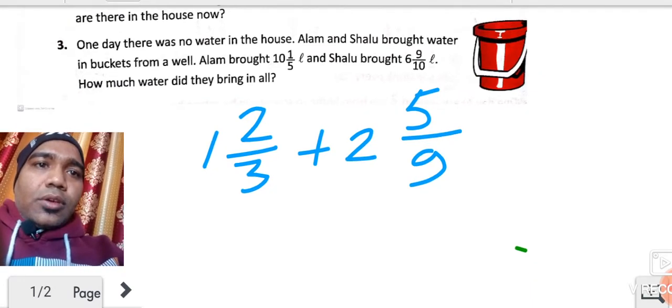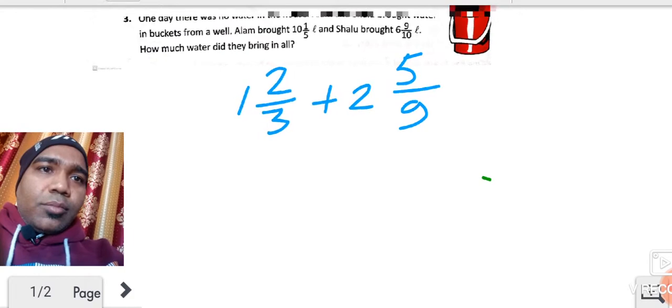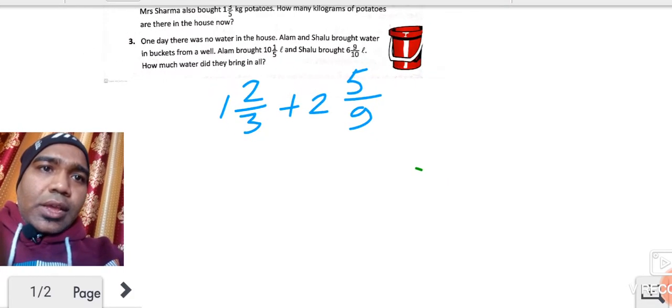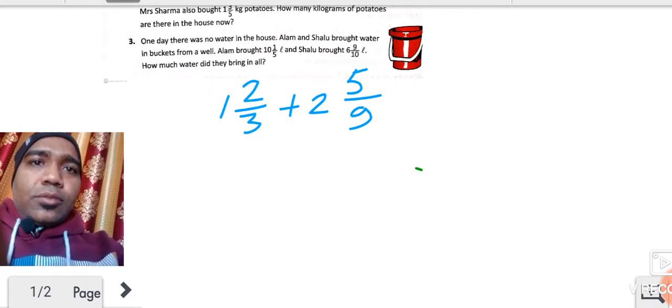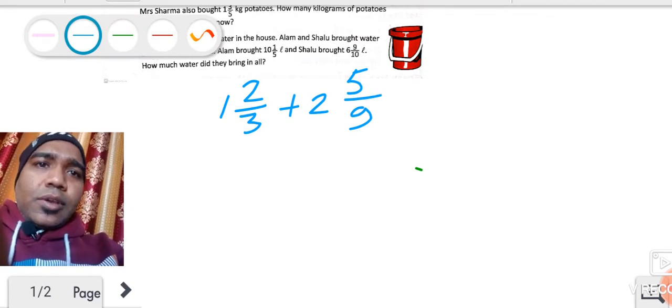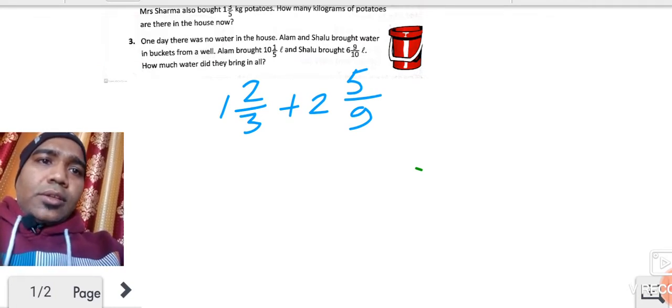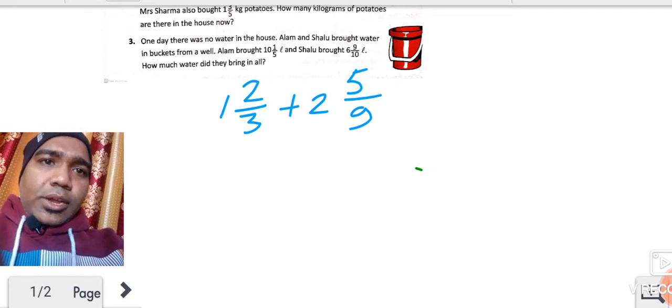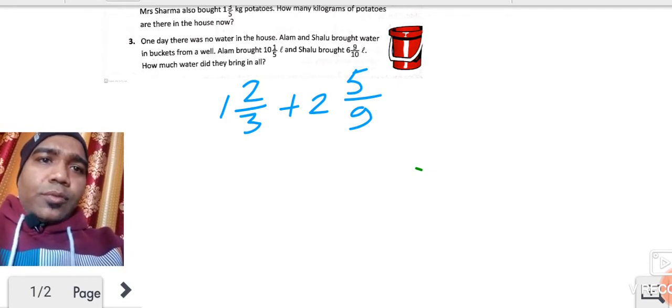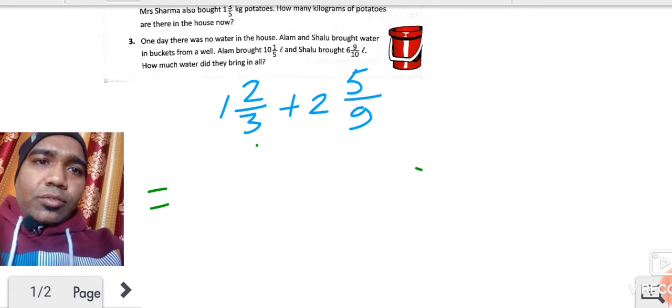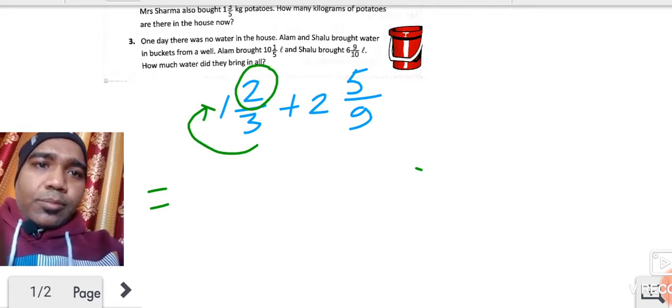Now we have to add both these mixed fractions. So how will we add it? As I told you just now and before also, if we have to add two mixed numbers, then what do we have to do? We have to first change them into improper fractions. So 3 into 1 will get 3 and plus 2 will get 5. So the numerator will be 5 by 3.